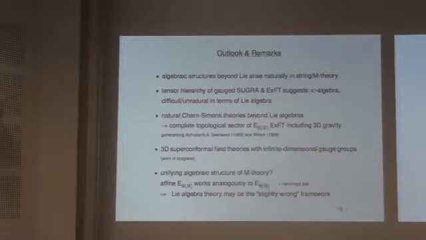So that's a very nice generalization of these classic results due to Achúcarro and Townsend and Witten, that pure 3D gravity can be interpreted as a Chern-Simons gauge theory. But now it's not a suitable Lie algebra, it's a Leibniz-Lie algebra that does the job. And that captures the topological subsector of 11-dimensional supergravity.